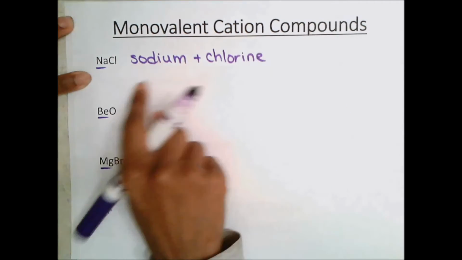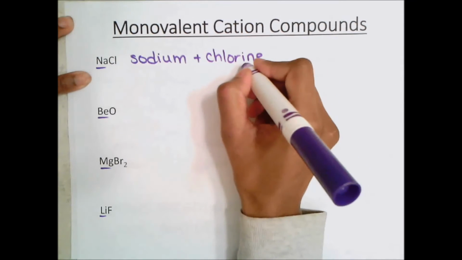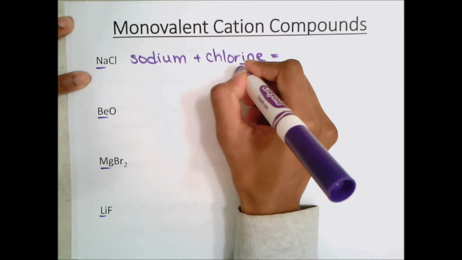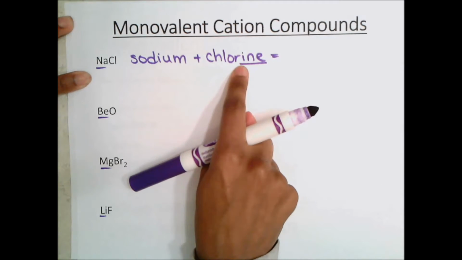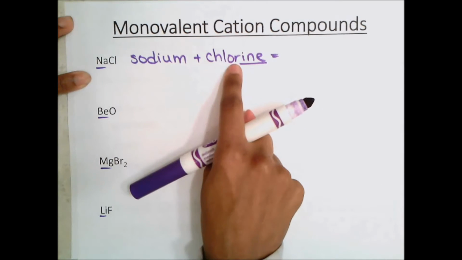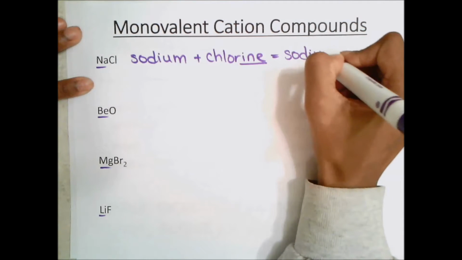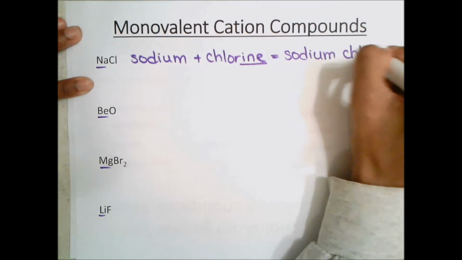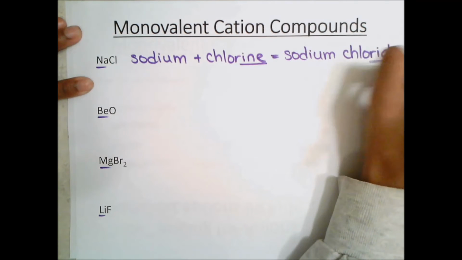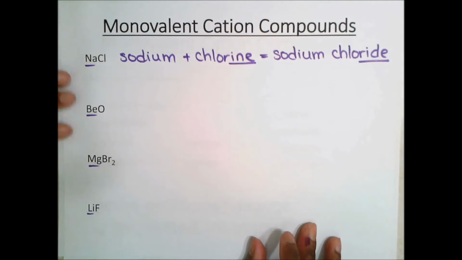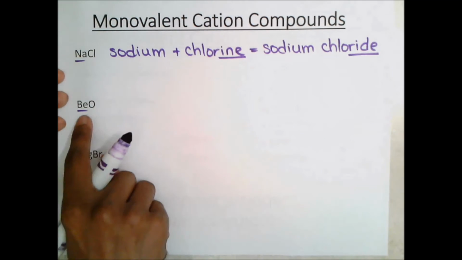You don't have to do this part, but basically by identifying them, you're going to change the chlorine now to chloride. So metal keeps its name, the non-metal needs to change. Notice I'm only changing the non-metal name.